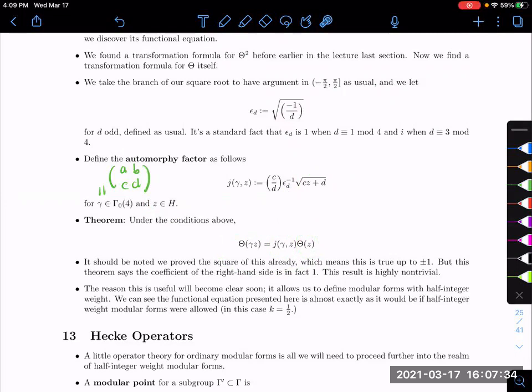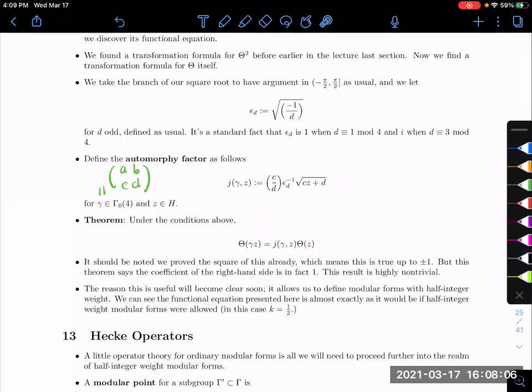And it's very interesting with this functional equation, because if you go back through the notes and extrapolate just a little bit, you'll discover we actually already proved the square of this, which means this is true up to multiplication by plus or minus 1. Okay, but is it plus or is it minus 1? That's the question. And it's very difficult to show, actually, that it's a plus 1 and not a minus 1.